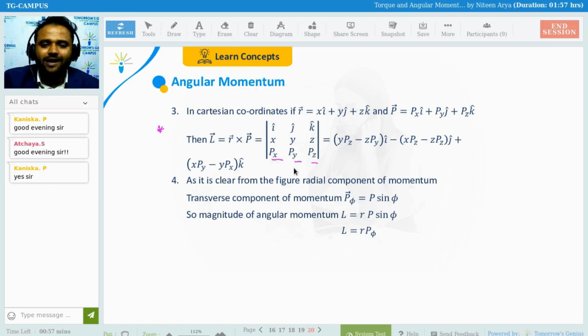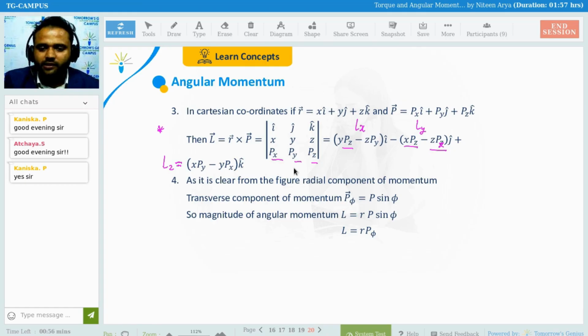So you can see Lx, Ly, and Lz. In the x component, we don't have x: y pz minus z py. In the y component, we don't have y: z px minus x pz. And in the z component, we don't have z: x py minus y px. Clear? So that is proven.